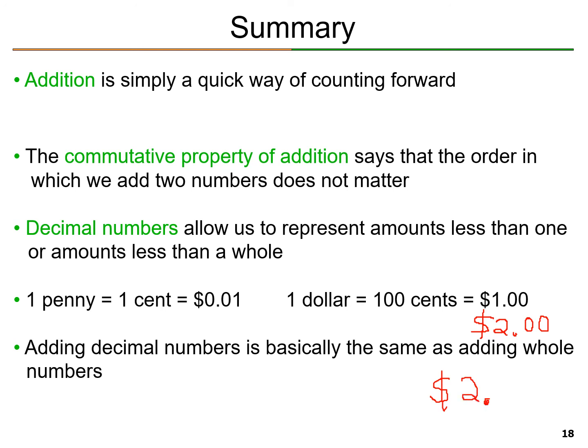That's $2 and 35 hundredths because that's 35 pennies. Let's erase this. And the last bullet in the summary is adding decimal numbers is basically the same as adding whole numbers.